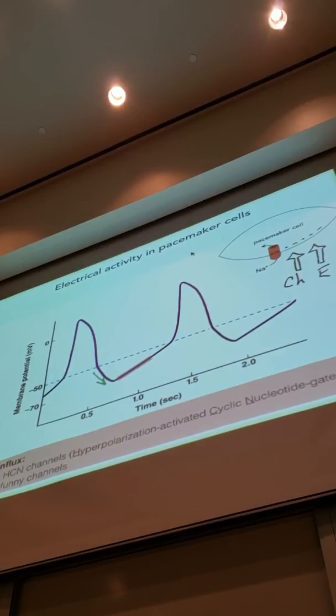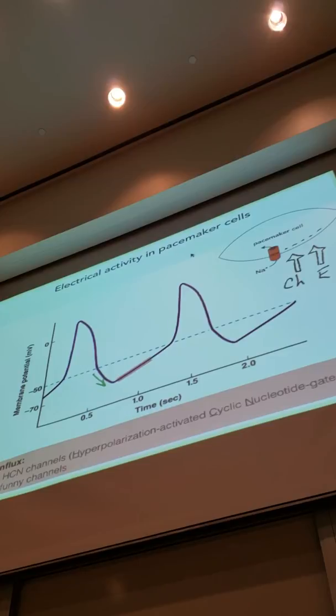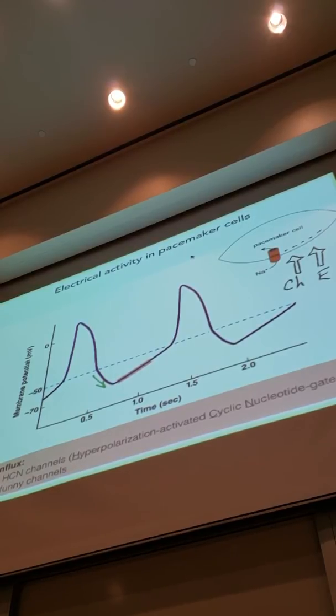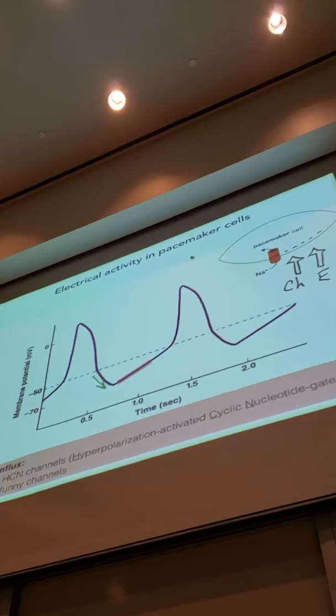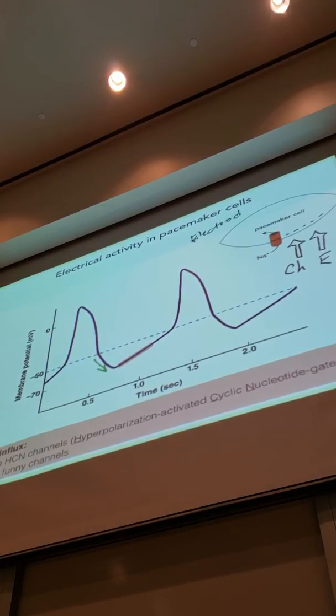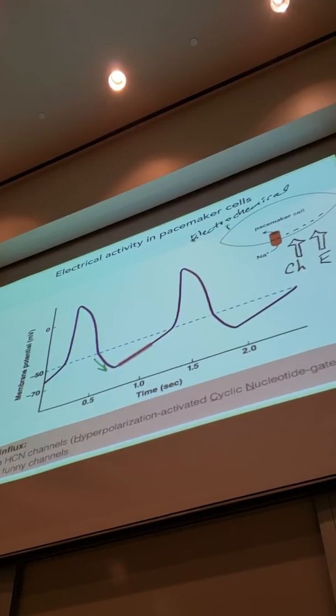What was the term we used last time to talk about the difference between these forces that want to push sodium in and the resting membrane potential? Yeah. Electrochemical driving force.